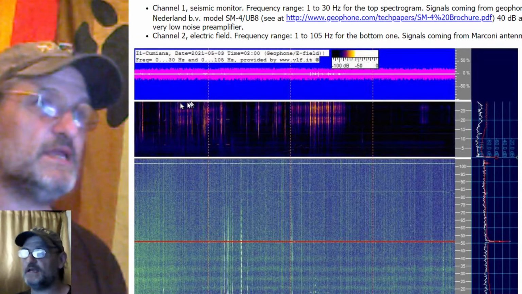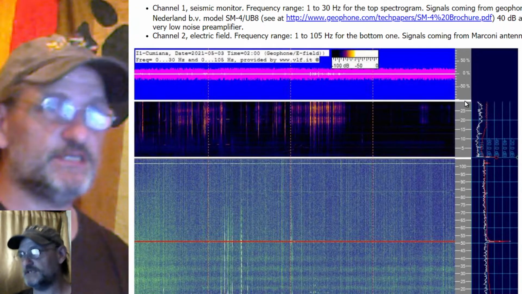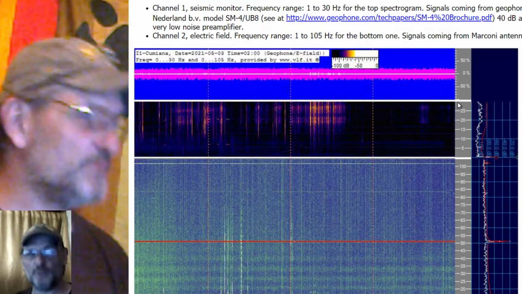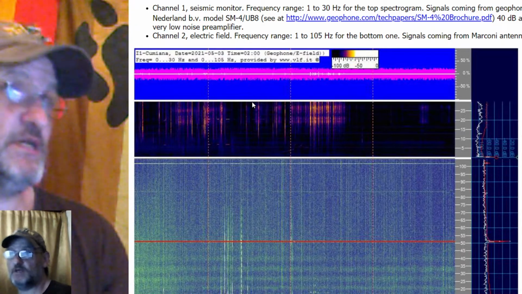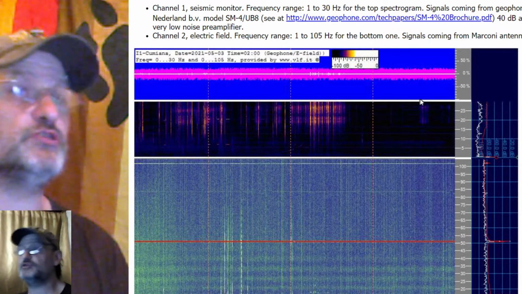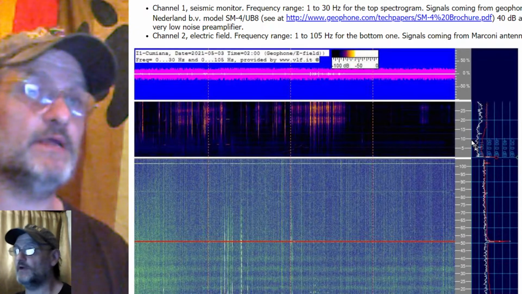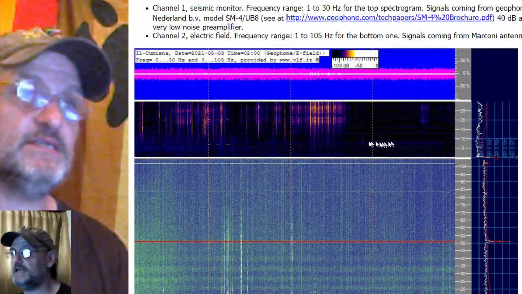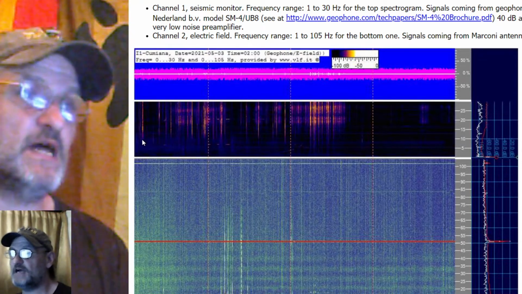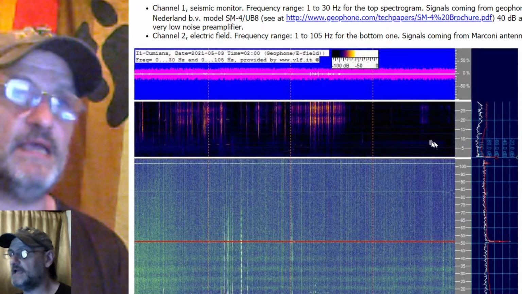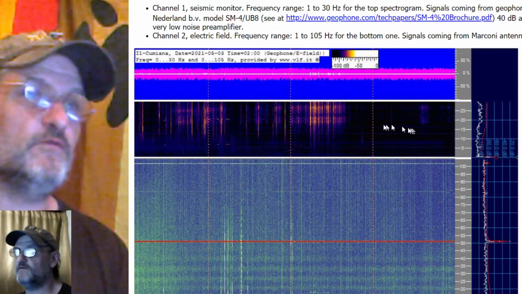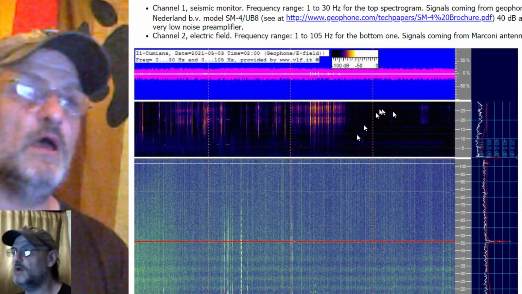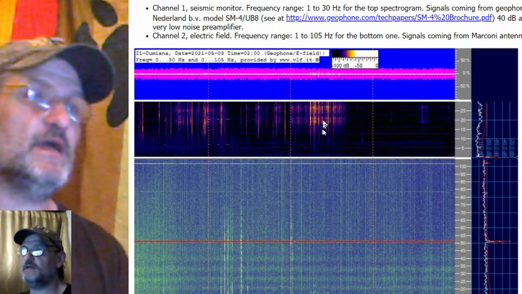What interests us here is the 30 hertz band of the seismic, because this is the range of the Schumann resonances, right? You see that one right there. It's not 10, it's at 8. The seismo is picking up the 8, and then there's another one at 14, just barely picking that up. But these are all the heavy activity we're looking at.